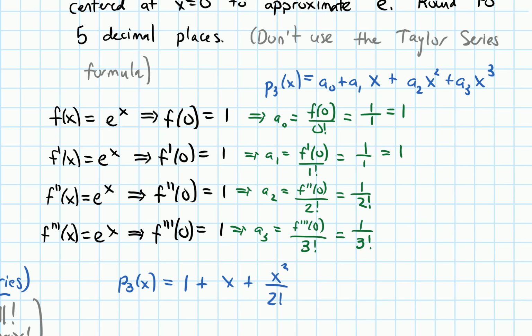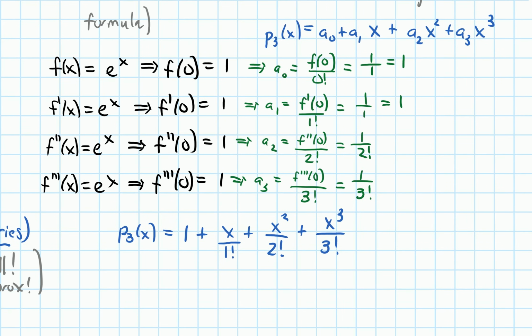Let's write that a little bit better. Kind of looks like 21 right now. 2 factorial. And then the x cubed coefficient is 1 over 3 factorial. All right, so now if I really want to see the pattern on this a little bit more, the x term, we could have put that over 1 factorial. Okay. So then let's use this to approximate e.